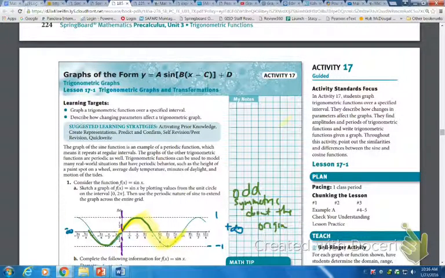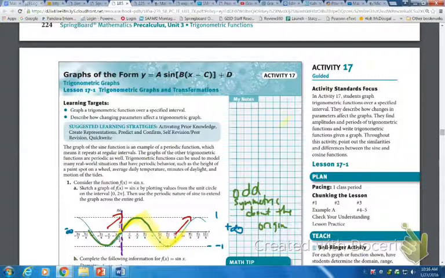At pi/2. So we have some increase at that interval. Where else does it increase? The 3pi/2, and it goes up to 5pi/2.